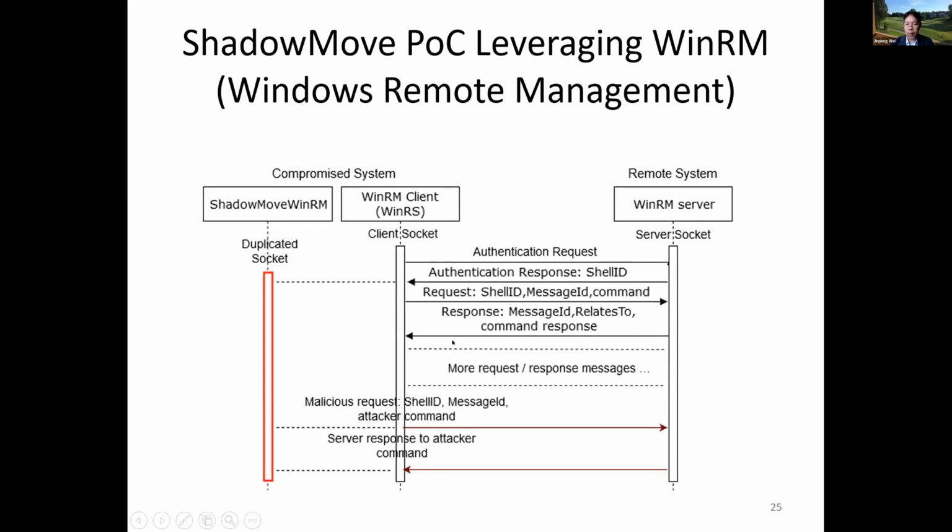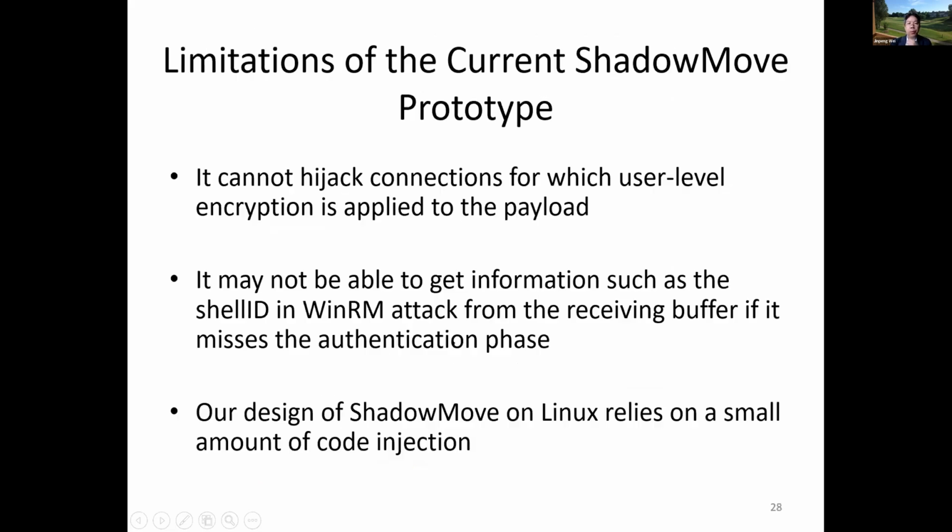Okay. So that's what I'm talking about. And then the third limitation is that in the current design of ShadowMove for Linux, we still have to rely on a small amount of code injection. That's because the Linux implementation for socket sharing is different from the Windows implementation.